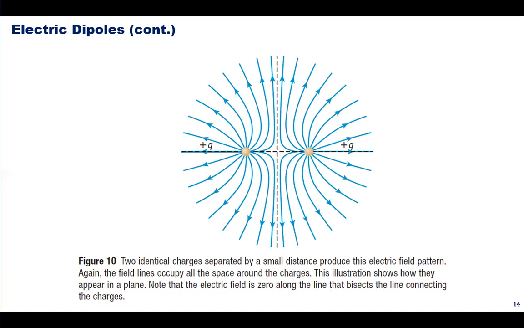Midway between the two charges, there is a gap where there are no field lines. This is expected because the vector sum of the two electric fields from both charges is zero at the midpoint. Note that this electric field pattern would be the same if the two charges were both negative. The difference would be in the direction in which the field lines were pointing, but not the shape of the combined fields.